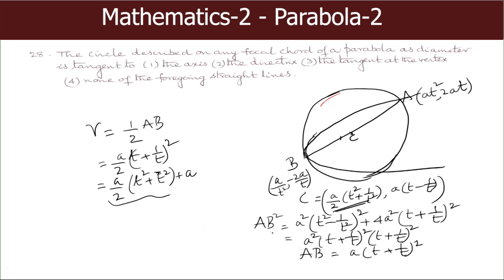Therefore, this must be tangent to the... the distance of C from the y-axis is (a/2)(t² + 1/t²). So, the distance of C from the directrix is (a/2)(t² + 1/t²) plus a. That is equal to the radius. Therefore, clearly the circle is tangent to the directrix of the parabola, which is the second option.